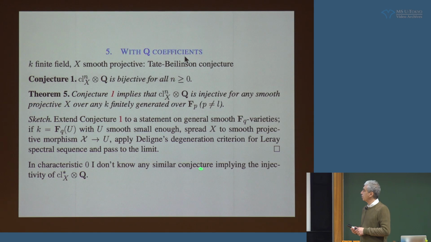The surjectivity is the Tate conjecture, and the injectivity is basically the Beilinson conjecture. And then the result is that this conjecture implies that the cycle class map tensor Q is injective, but not only over F_p, but over any finitely generated field over F_p, so in positive characteristic.